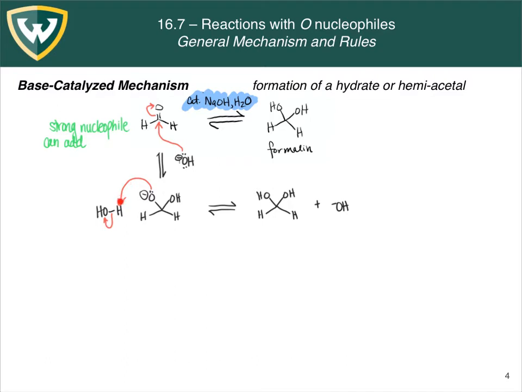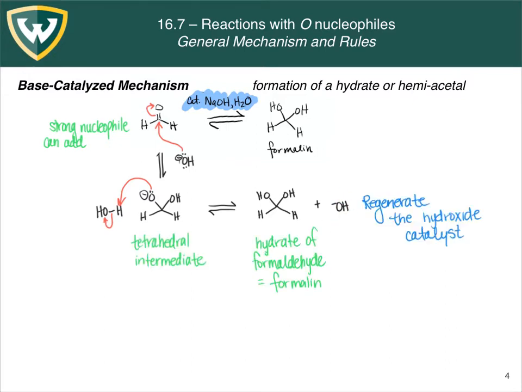In this step, when we did the deprotonation, we generated a new hydroxide anion, and this hydroxide anion will then go on to react with the next formaldehyde starting material. So it's important here to draw that because that's regenerating the catalyst. So formalin is a cool special case because unlike almost every other aldehyde or ketone, the formalin is actually the favored product in this equilibrium.